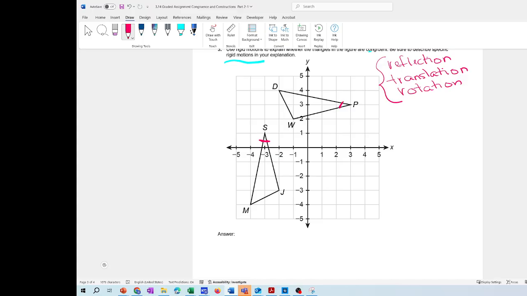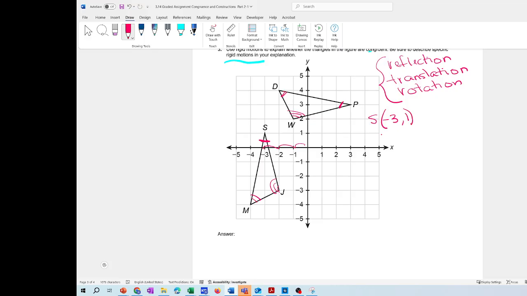Then angle M, I'm going to put 2, it's to D. And angle W is to J. So I'm going to put 3. Okay, so what you guys can do is give me the coordinates. For example, point S, which are the coordinates? Well, on x, 1, 2, 3, -3, and you go up 1, so it's positive, right?